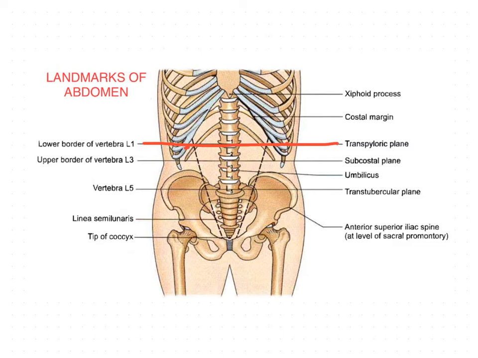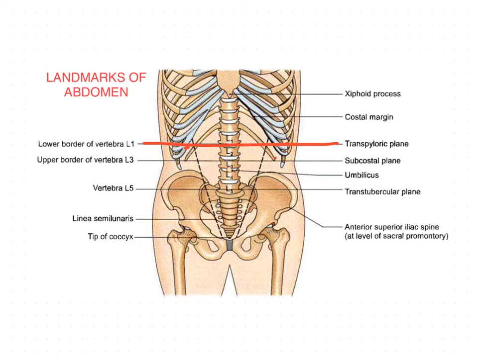Next, the angle between the last rib and the outer border of the erector spinae. The erector spinae muscle is present on the posterior aspect, and also covers some of the lateral aspect of the thoracic cage and the abdomen. The angle between the last rib, that is the 12th rib, and the erector spinae is known as the renal angle.